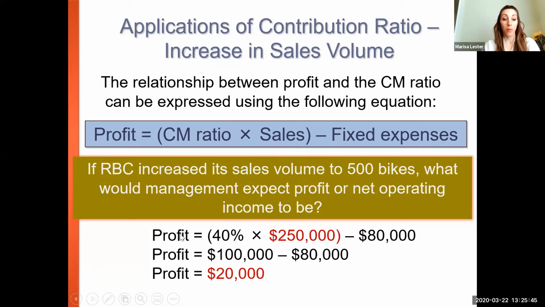My profit or my net operating income is equal to my CM ratio times my sales dollars, right? That's going to tell me what's 100,000. That's my total contribution margin, right? For every $1 in sales, I make 40 cents. So for $250,000, I'm left with $100,000 of contribution margin, minus those fixed costs of $80,000 gives me $20,000 of profit.